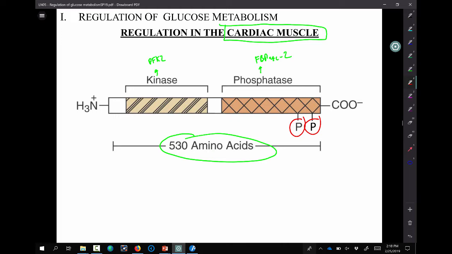So epinephrine is a very similar signal to glucagon in that it leads to the activation of adenylyl cyclase through a G protein that leads to the production of cyclic AMP that then leads to the activation of PKA. That then in the cardiac tissue will phosphorylate this isoform, but it's going to phosphorylate the C-terminal domain, and it's going to inhibit the phosphatase domain.